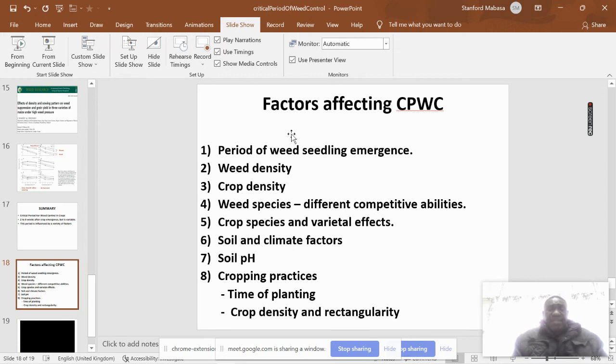Number 2, weed density. 3, crop density. 4, weed species, which have got different competitive abilities. Then 5, crop species and varietal effects. 6, soil and climate factors. 7, soil pH. And 8, cropping practices, such as time of planting and crop density and rectangularity.